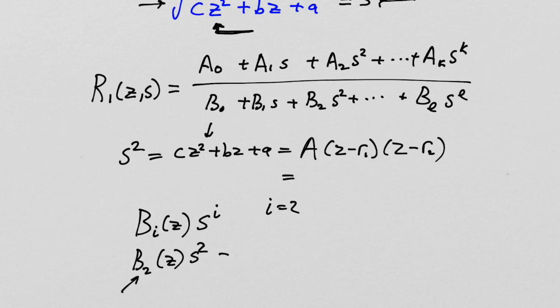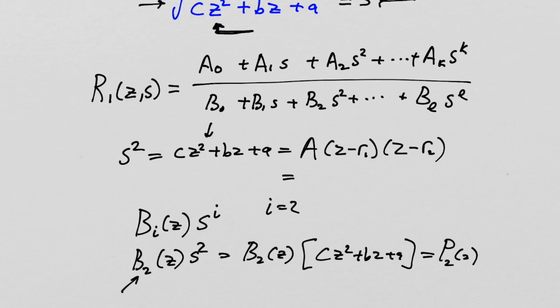But of course, S squared is just, so this is B sub 2 Z multiplied by CZ squared plus BZ plus A, right? And that is just another polynomial, maybe I'll call it P2 of Z. It's just another rational function, not a polynomial, but a rational function. If this is a rational function and you multiply it by this small polynomial, you get another rational function.